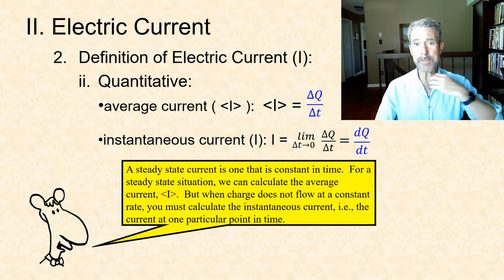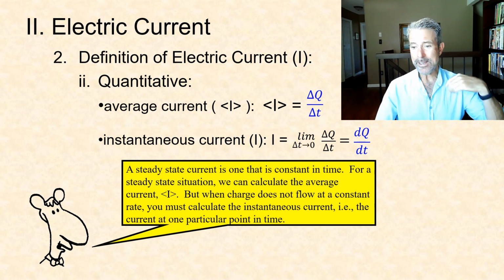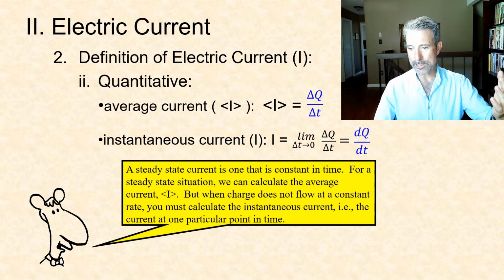So think of this as being analogous to the situation we dealt with in mechanics involving constant acceleration. When we looked at almost every situation we dealt with in mechanics, we said the acceleration was constant, in which case the average acceleration over a time interval had the same value as the instantaneous acceleration at any single point in time.